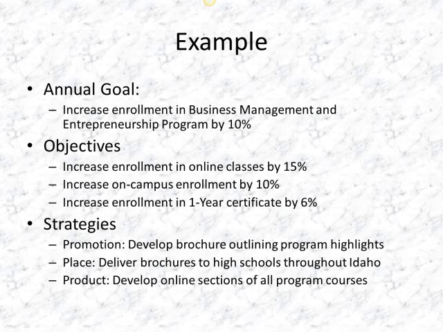It really doesn't apply because I don't set pricing, but the other 3 do apply to my program. So depending upon what you're planning for your marketing, you may or may not have all of the 4 elements involved. Or you may have 3 promotion items, or whatever the breakdown is, whatever you feel is going to best help you reach the objectives which will help you reach your goal.